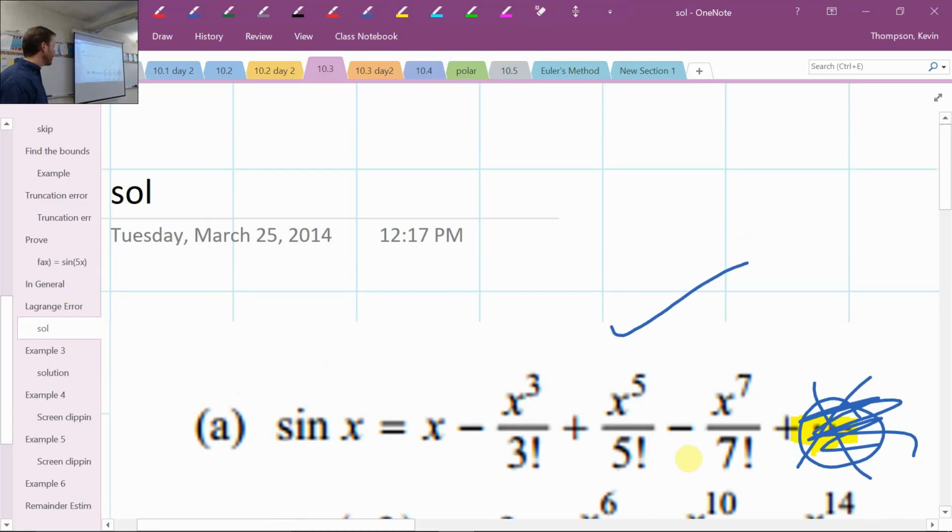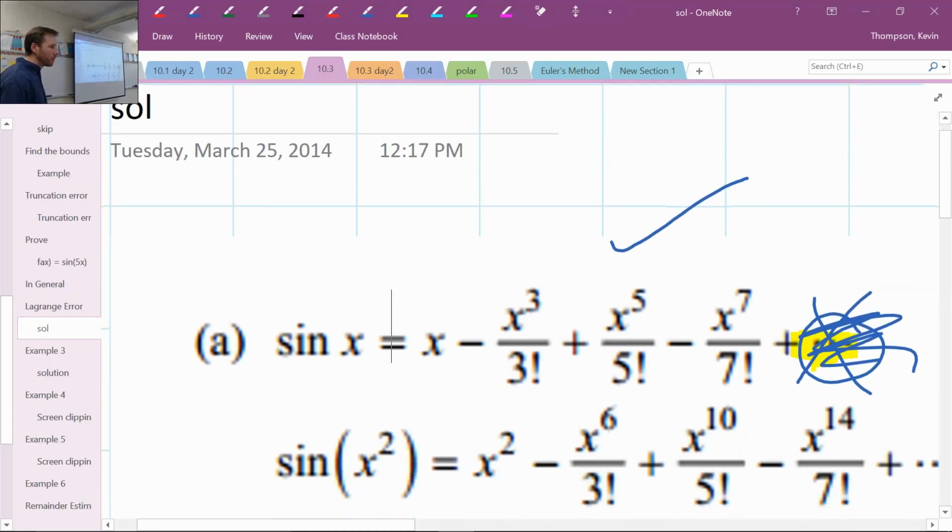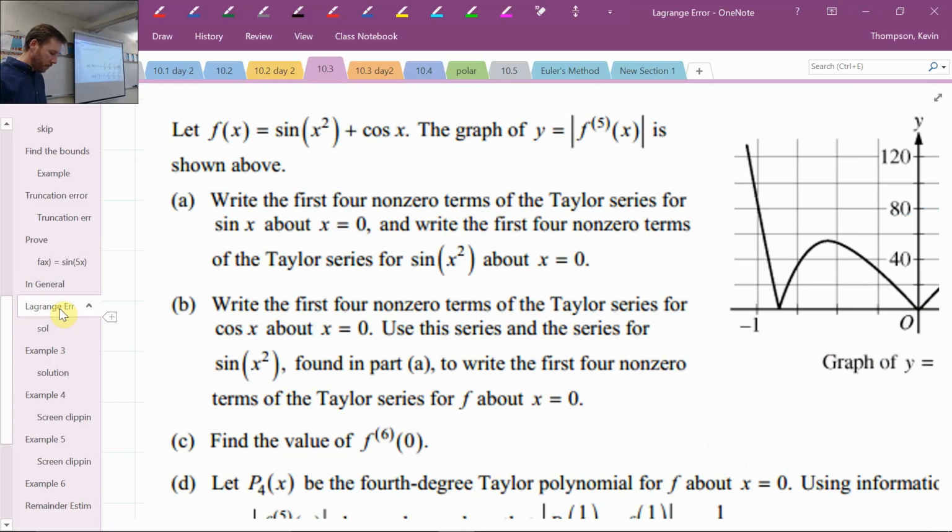Now, if you're thinking substitution here, this should have been your answer. Basically, everywhere I see an x, I'm going to put an x squared, so that's what it is. Questions there? How does that work? If we use the curve, it's non-polynomial stuff.